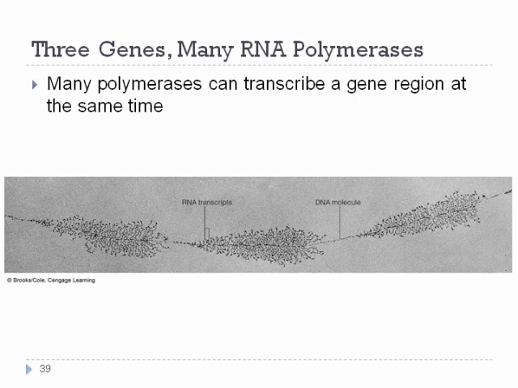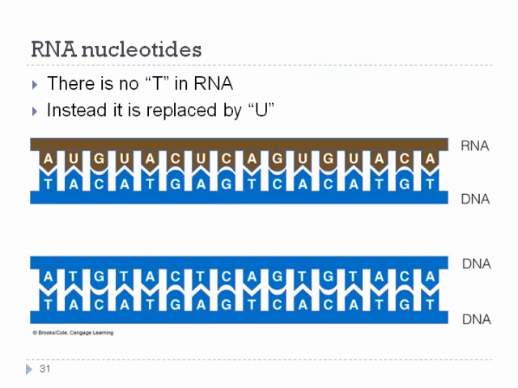So because we have that base pairing, we can end up with an RNA transcript that has almost the exact same information that the original DNA did. So I'm going to go back to this slide to really help you understand that.